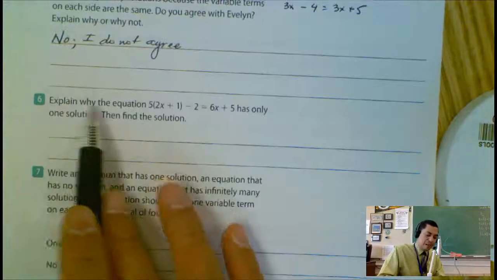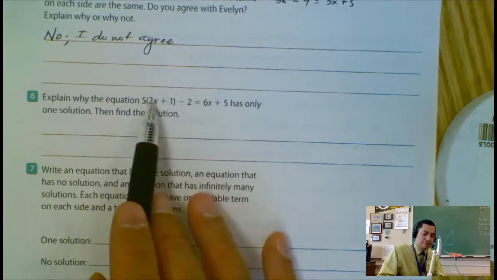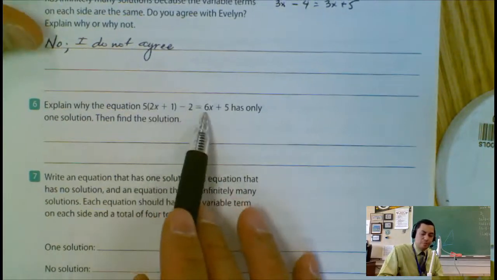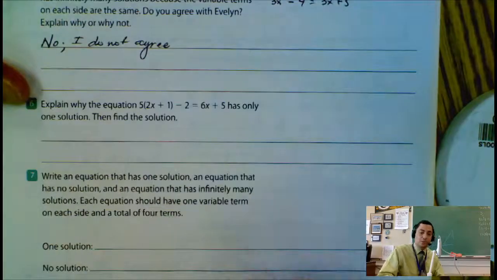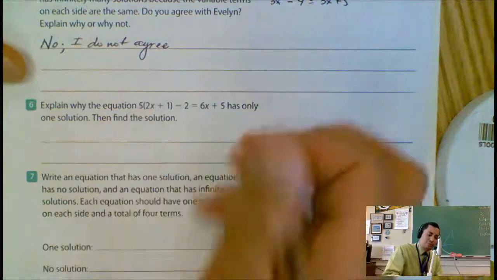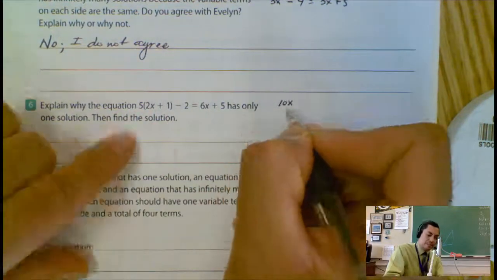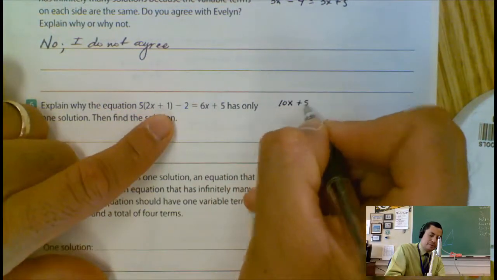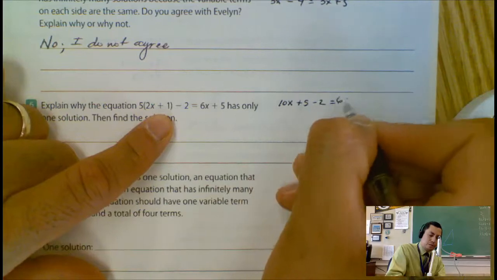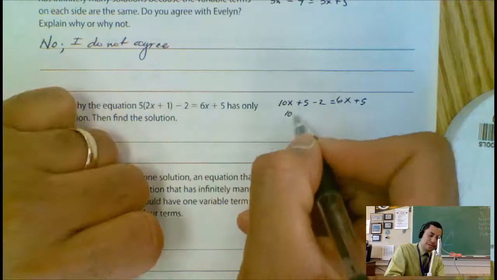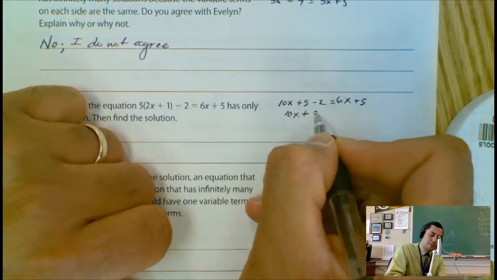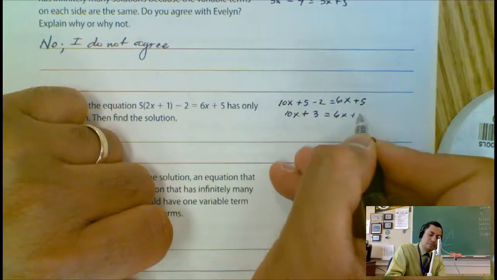Number 6: explain why the equation 5(2x plus 1) minus 2 equals 6x plus 5 has only one solution. Find the solution. Okay, so 5 times 2 is 10x. 5 times 1 is 5. Minus 2 equals 6x plus 5. Then 5 minus 2 is 3. 10x plus 3 equals 6x plus 5.